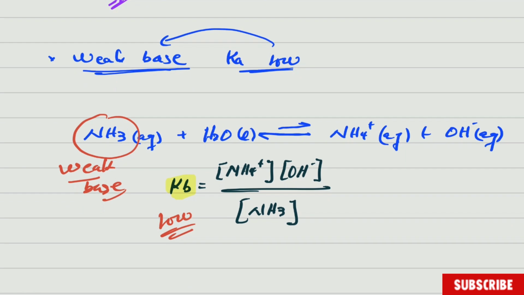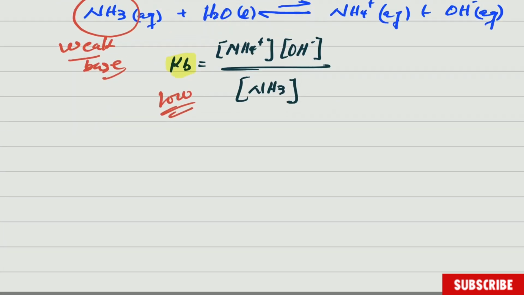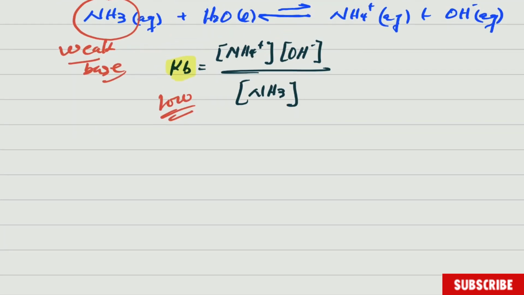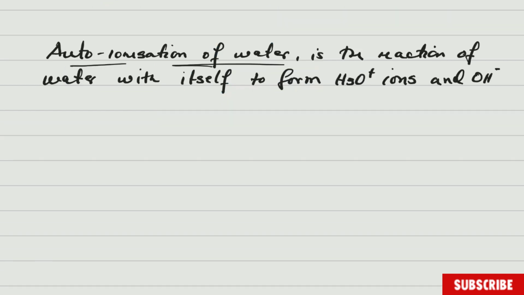And just to finish this video, we are going to be talking about the autoionization of water. Now, what is the autoionization of water? That is the reaction of water with itself to form H3O+ and OH- ions. This is what we call the autoionization of water.